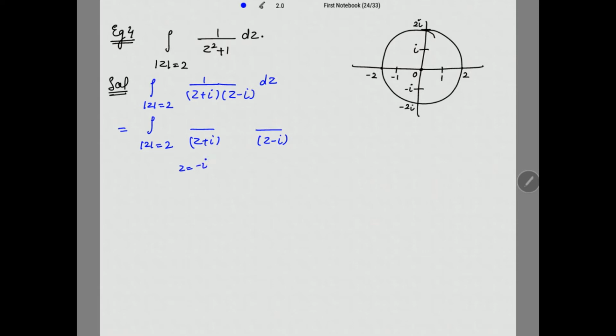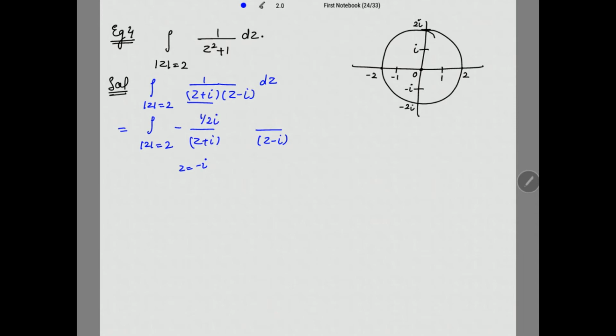Hide z + i, because you are putting this thing equal to 0, and put −i in the remaining part. What will you get? −1 by 2i. So this will be −1 by 2i.